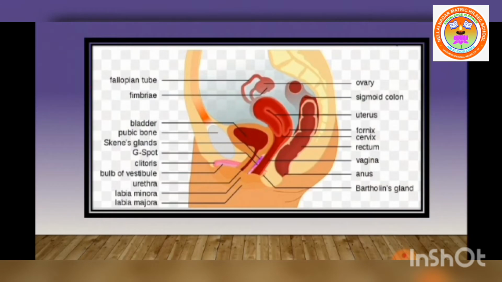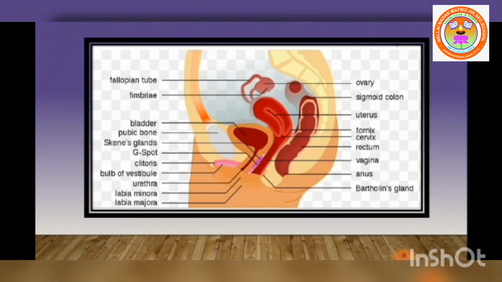The Bartholin's glands, also called greater vestibular glands, are located posterior to the left and right of the opening of the vagina. They secrete mucus to lubricate the vagina and are homologous to the bulbourethral glands of the male.